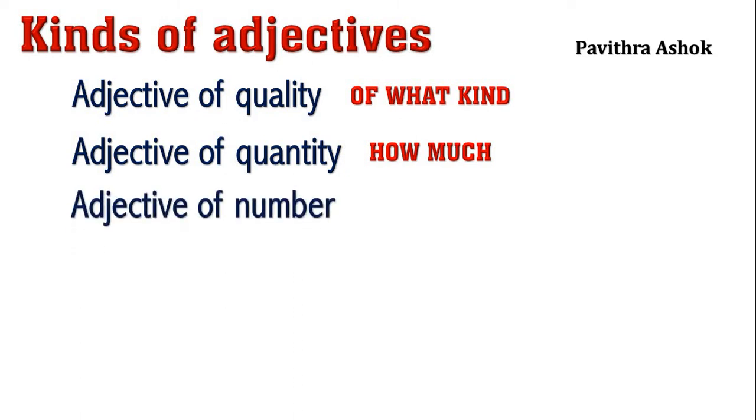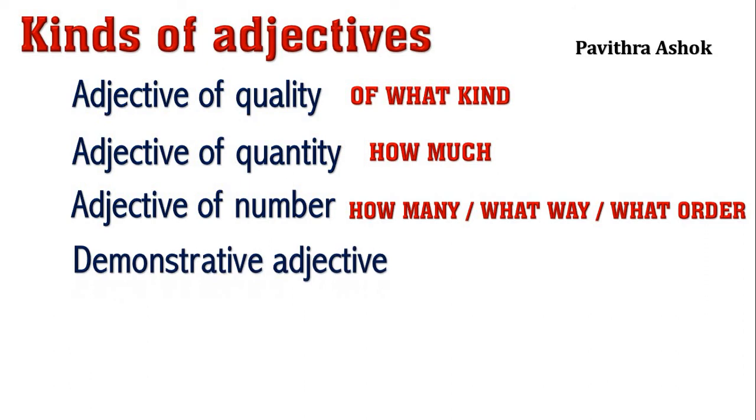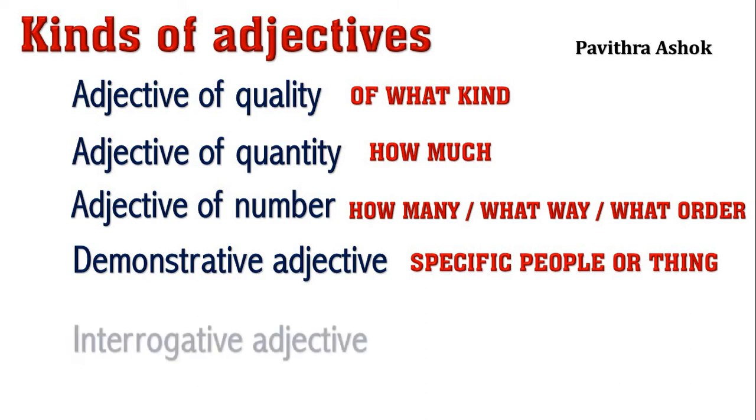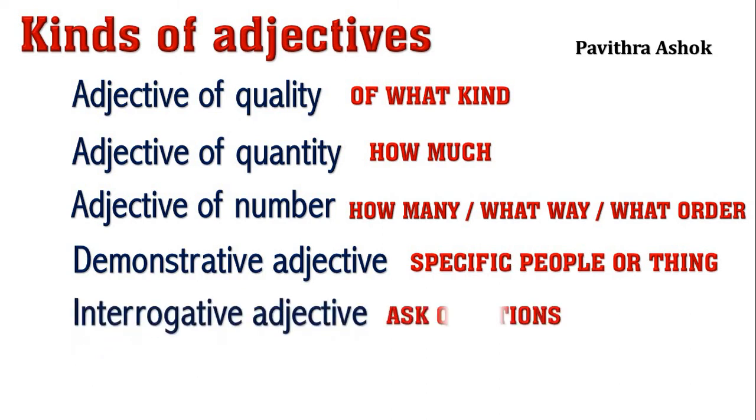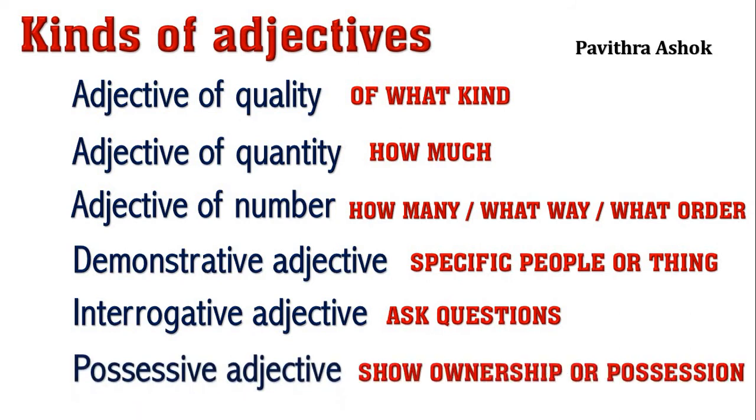Adjective of number, which describes the number of the given noun. It answers the question how many, or what way, or what order. Demonstrative adjective, which points out specific people, places, or things. Interrogative adjective, which asks questions. Possessive adjective, which shows ownership or possession of a noun.